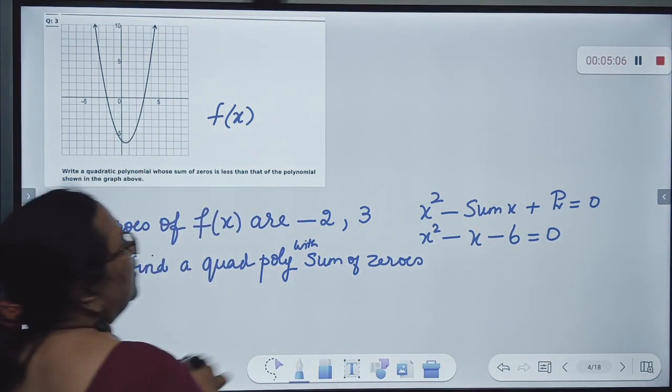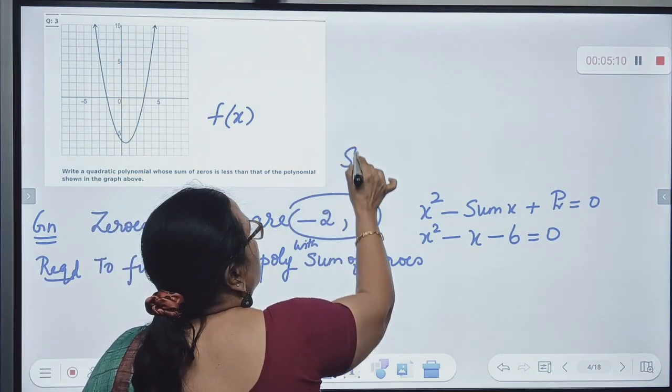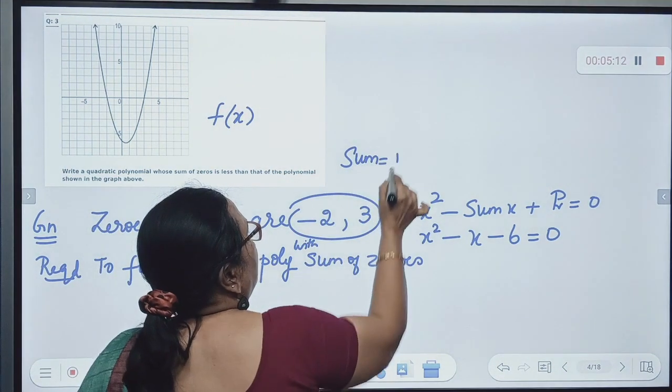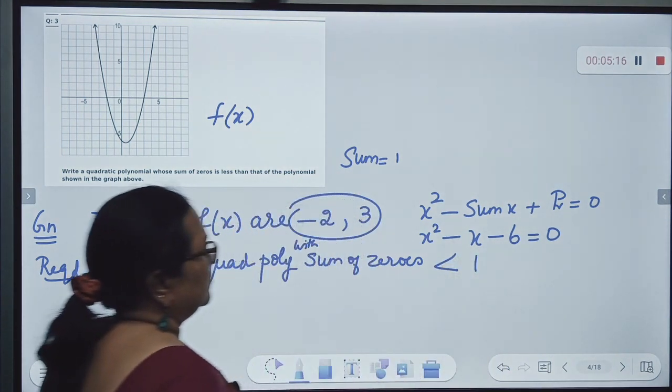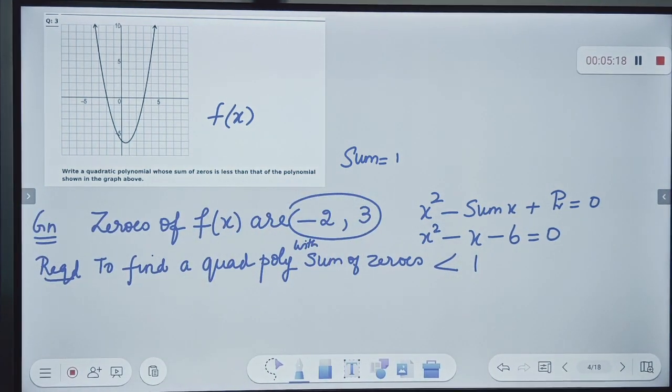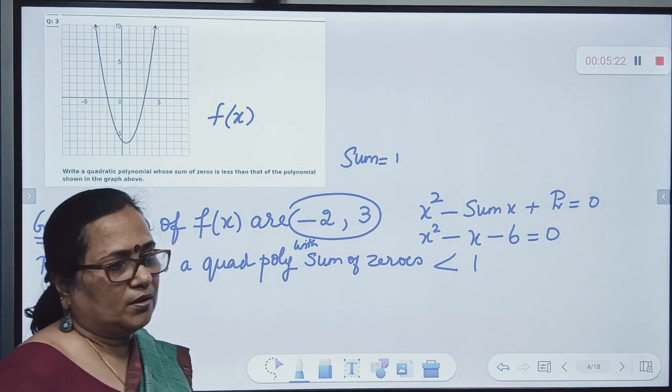For this polynomial, what is the sum? Sum is 3 minus 2. So sum is 1, right? So sum of zeros must be less than 1. So you have to find a quadratic polynomial whose sum of zeros is less than 1.